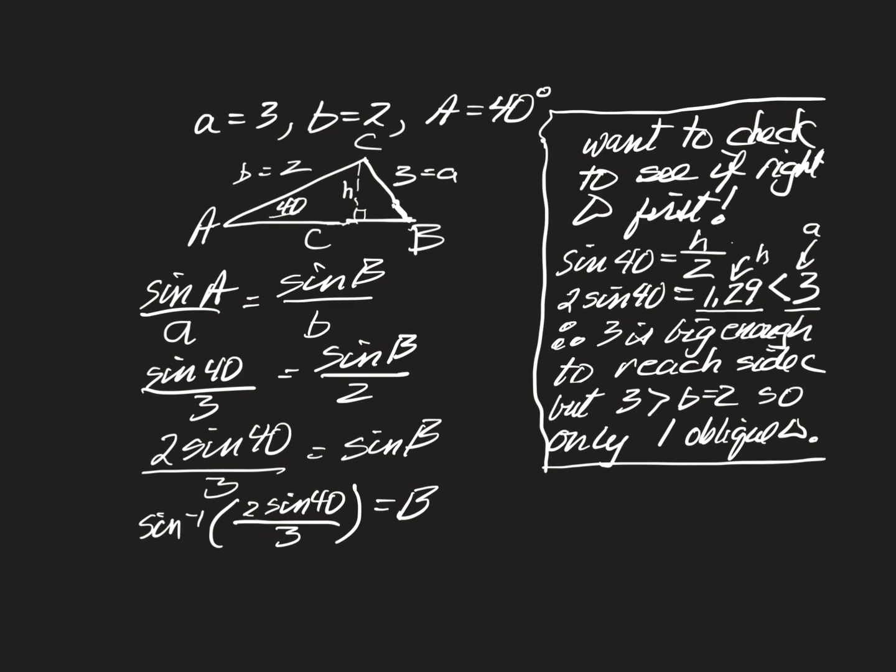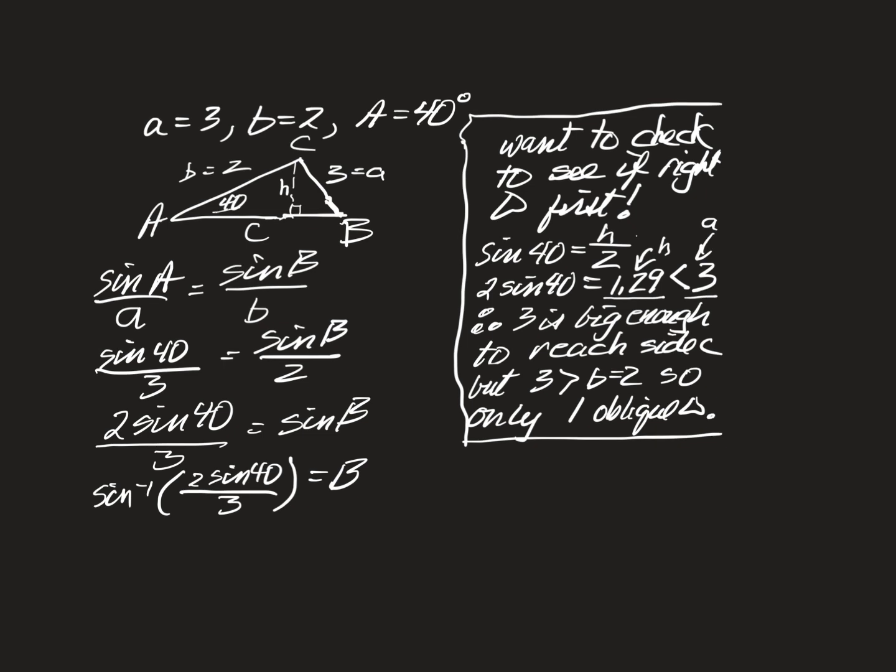All right? I'll put that here so we can fit it in. All right? And that's what I'm putting in my calculator. Now, I want you to know you probably have to put parentheses around the 40, okay? But everything should work. So I'm going to do this. So I go second sine inverse, and then I have a parenthesis, so I do 2 sine 40, close that parenthesis, 2 parentheses, whoops.